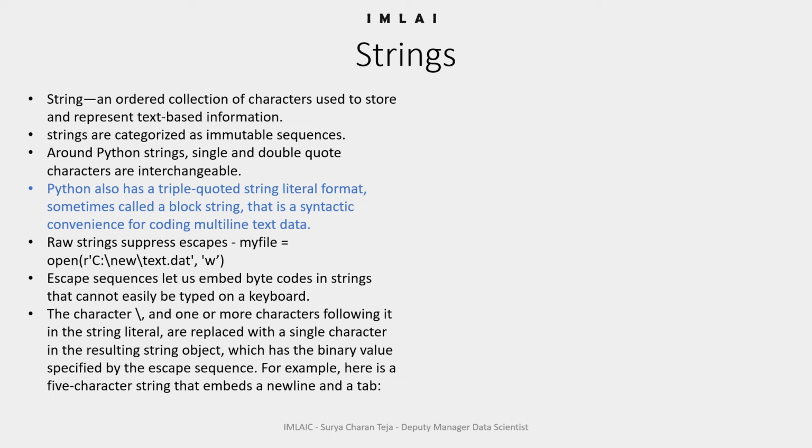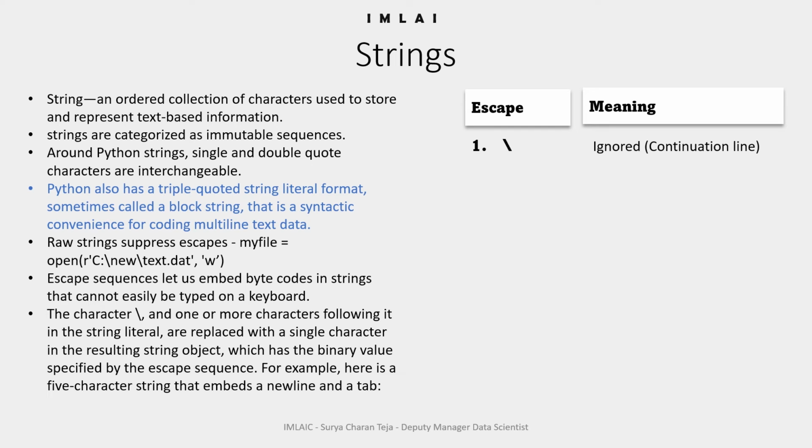Now let us look into various escape sequences that we frequently use. On the left column, it's the escape sequence or escape type, and on the right column, it's the meaning. When you use a single backslash, it doesn't change anything.